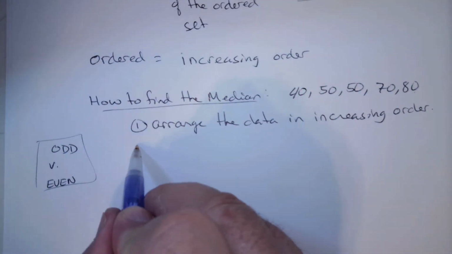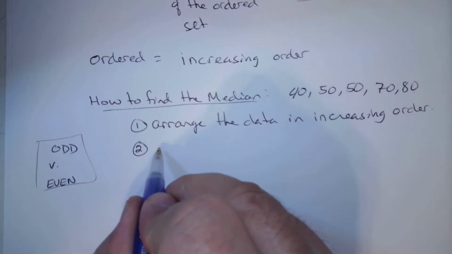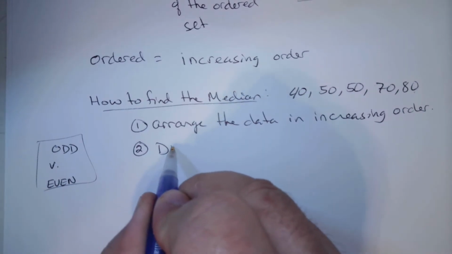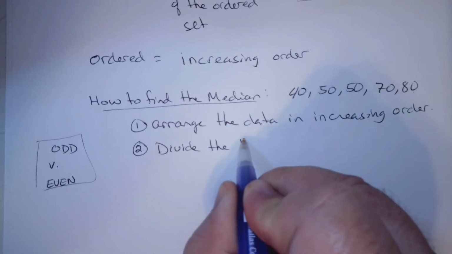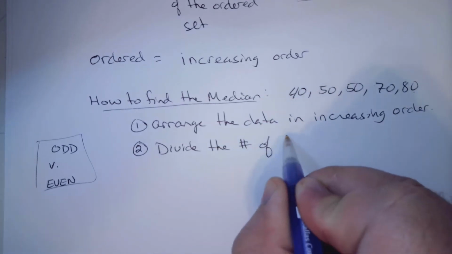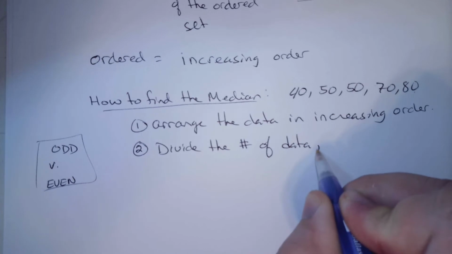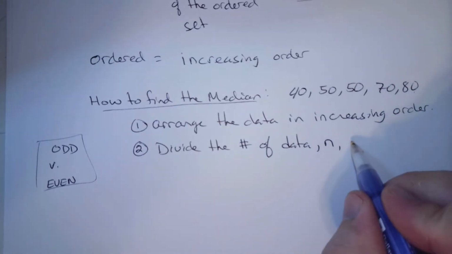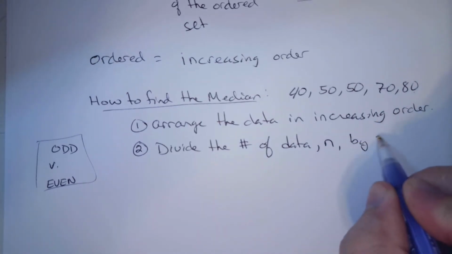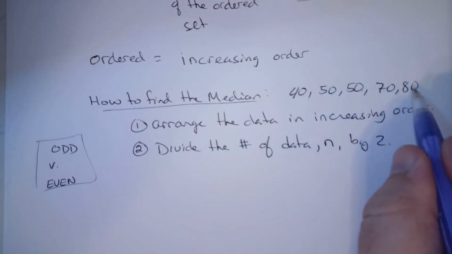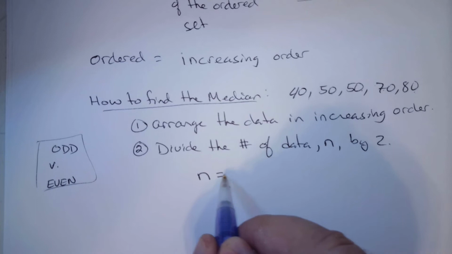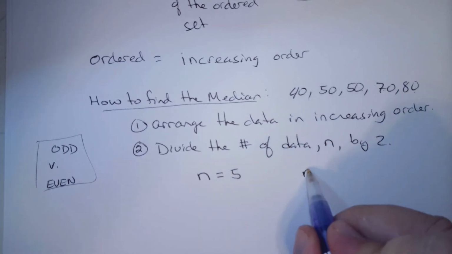So the second thing you do, divide the number of data, that's your n value, remember the number of numbers, by 2. So we have 1, 2, 3, 4, 5. N is 5.